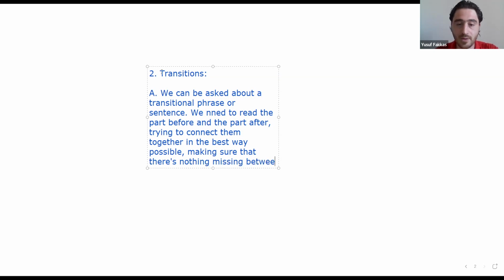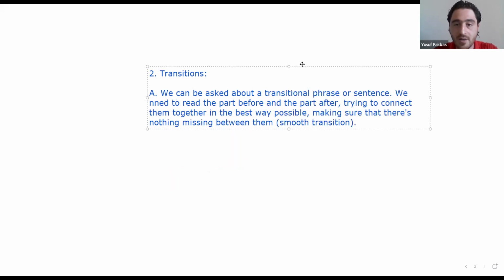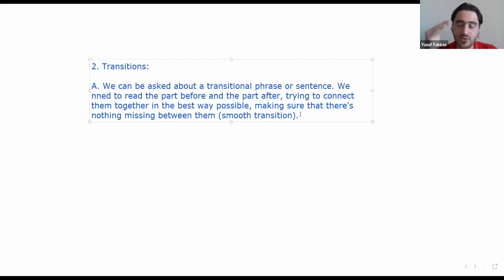Okay, that's the whole thing. You need to have a smooth, we can call it here, smooth transition. Which means I'm moving from one idea to another without missing any point, without moving suddenly from one area to another. No, I'm just going step by step. The transition is smooth. I'm going to show you some examples about that.